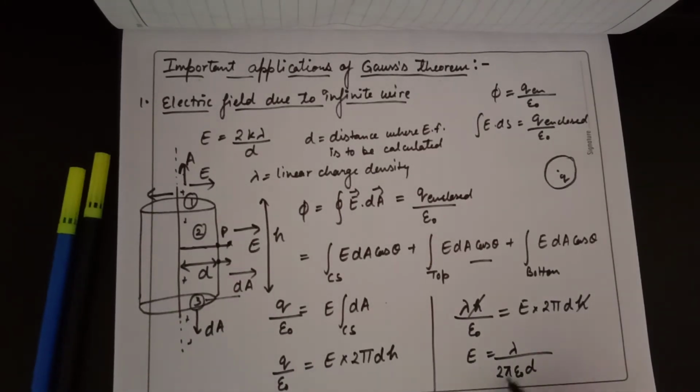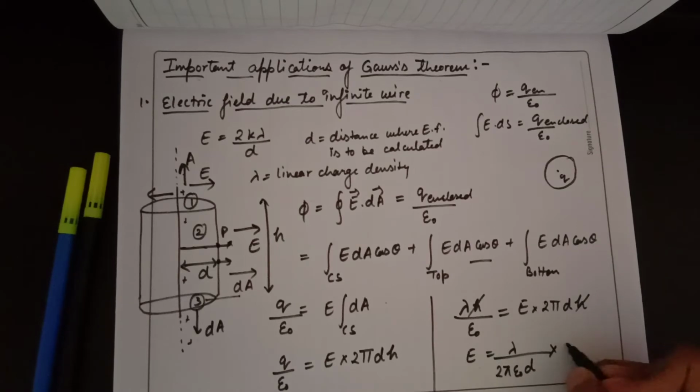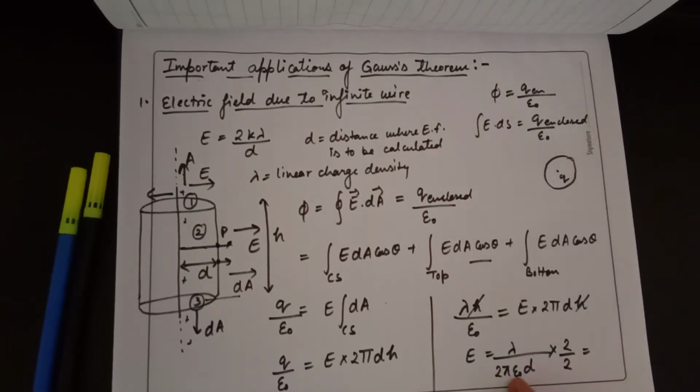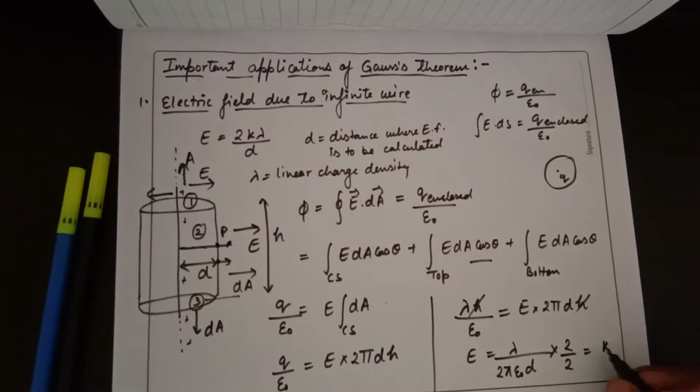If I multiply and divide this equation by 2, I will get 4 pi epsilon naught in the denominator, and 1 upon 4 pi epsilon naught I denote by K. What is K? It is Coulomb's constant, yes.